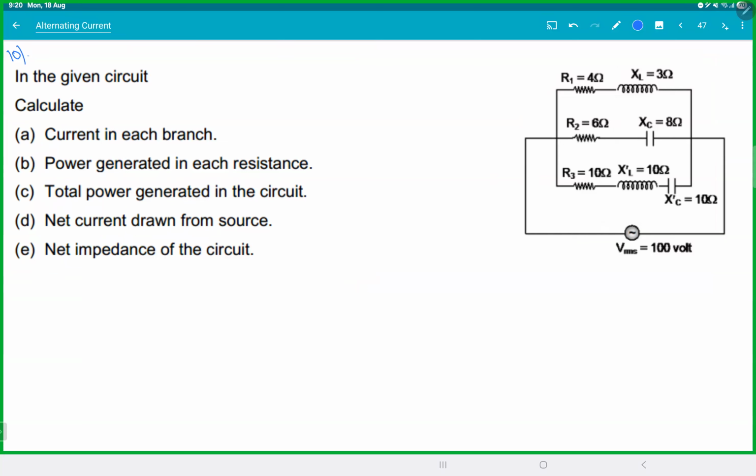In Mains, in general, they'll never touch parallel circuits. Little rare, they can touch, but not this kind of extensive thing. This looks scary, but yeah, manageable.